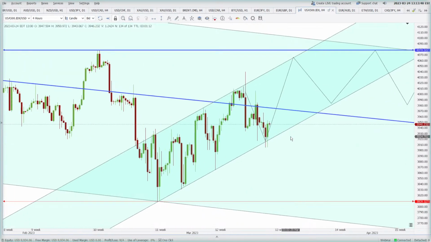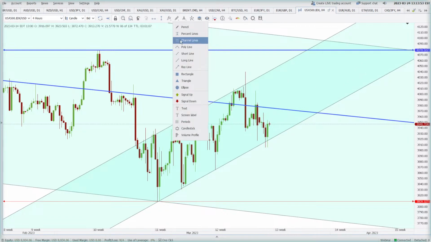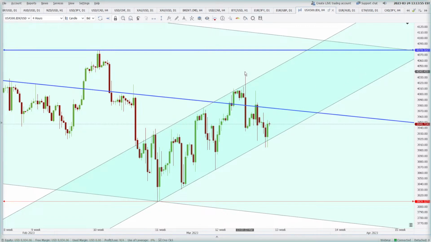Also you see there's a wedge formation here. I will just remove this one so that you can see that wedge formation. You see these highs are converging, and these lows are also converging. So this is a formation of a wedge pattern here, guys.